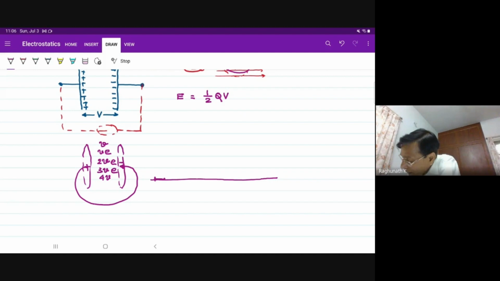For the first electron, I will consider no work is done because there is no potential difference initially. For the next electron to transfer, VE joules of work is done. Now 2V is the potential difference, 2VE is the work done.